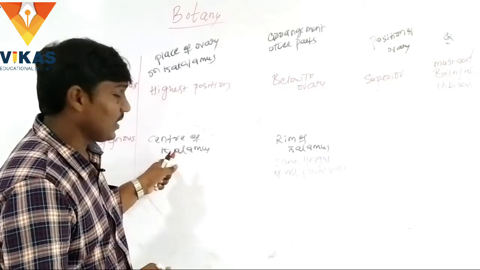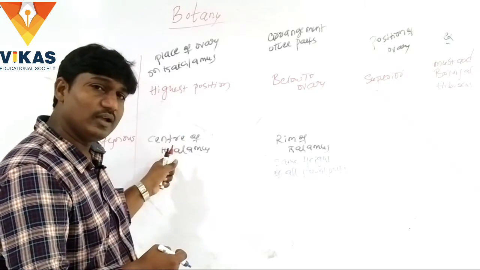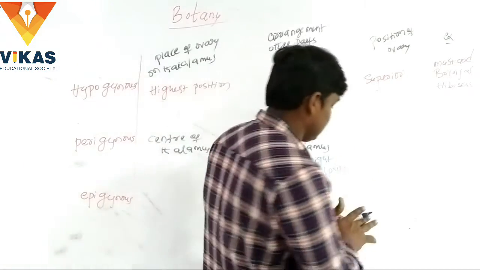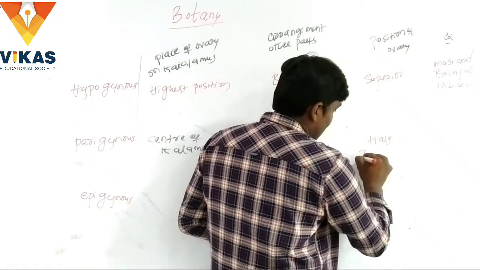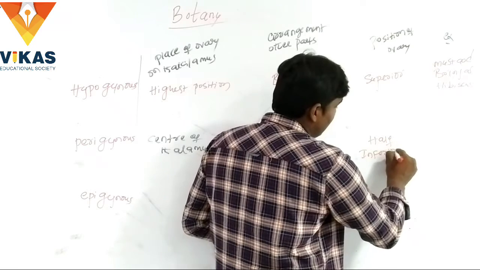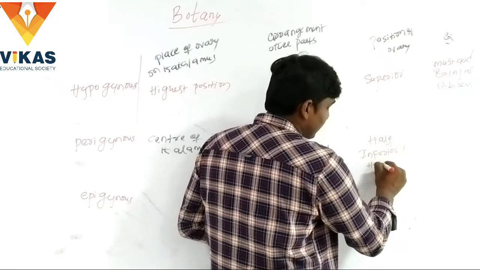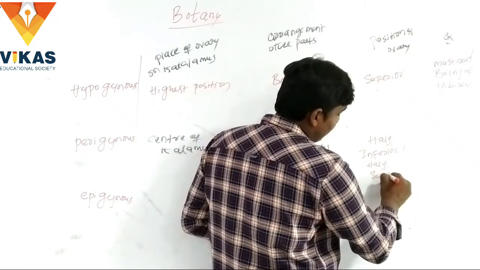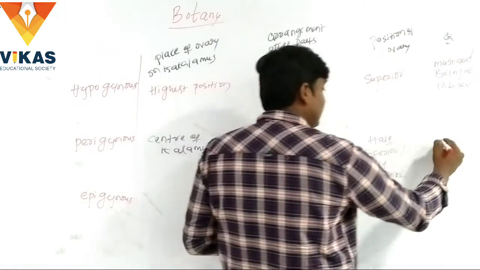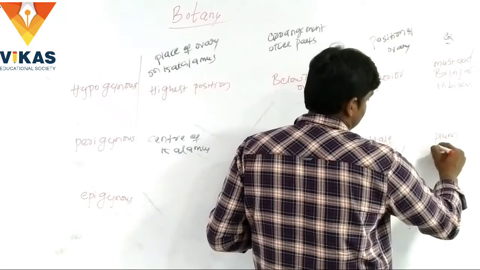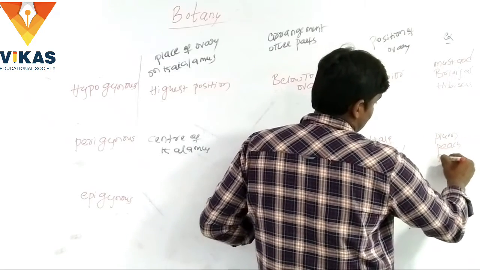The ovary is half inferior or half superior. Examples are plum, peach and rose.